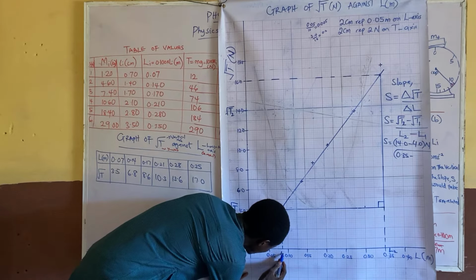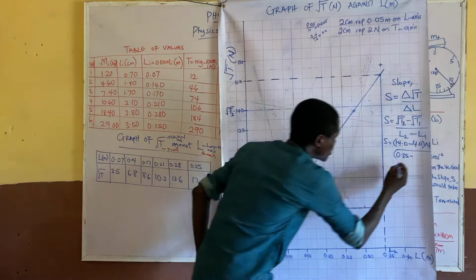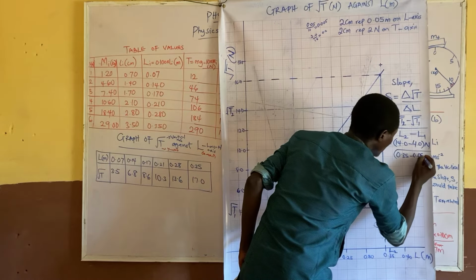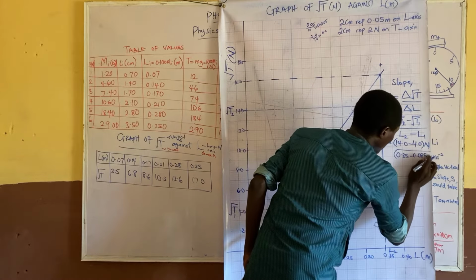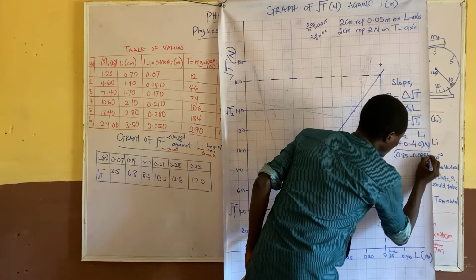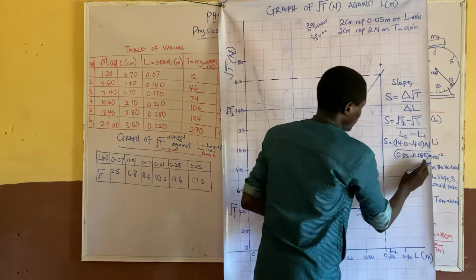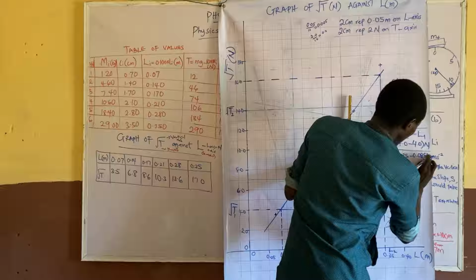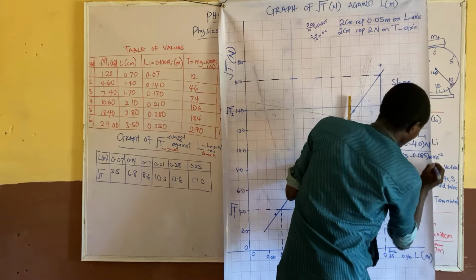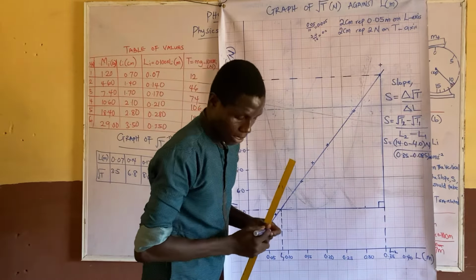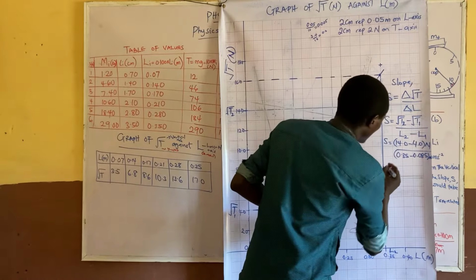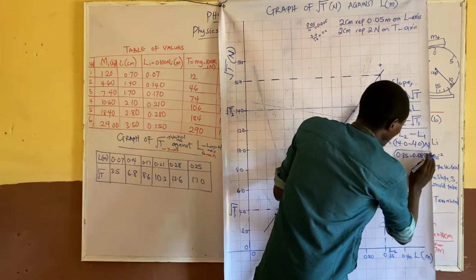0.085 meter. I'm going to write it again. 0.085 meter. So now, don't forget that place has meter.